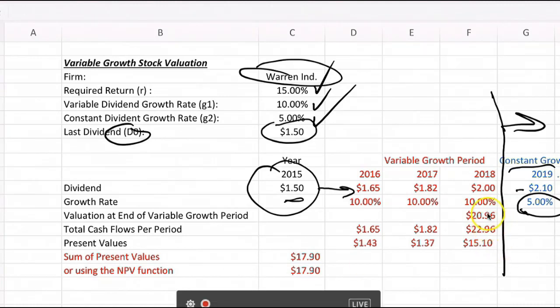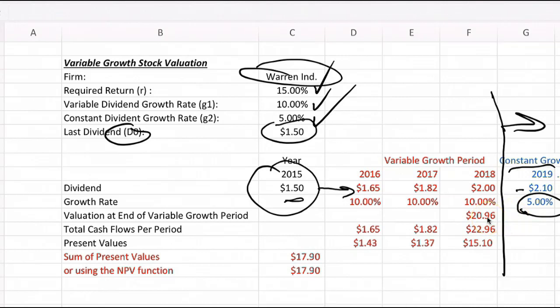So the valuation at the end of the variable growth period is simply going to be the present value of all those future long-term constant growth dividends, which we can use the constant growth formula to do.